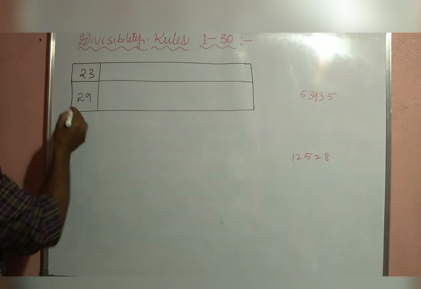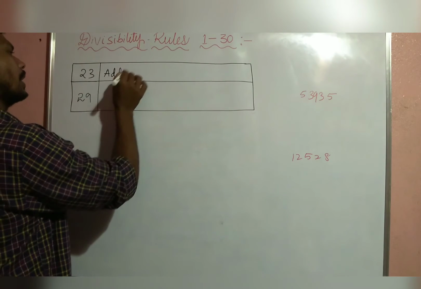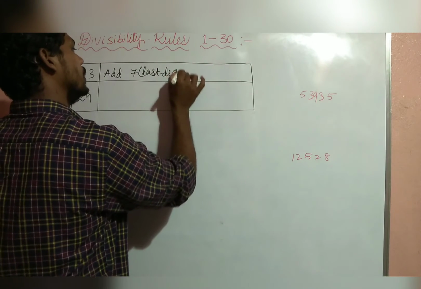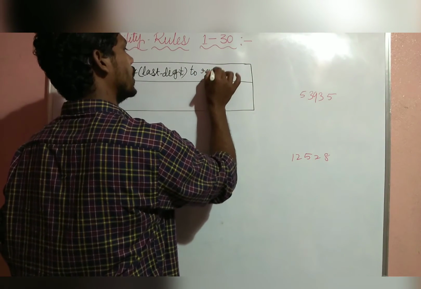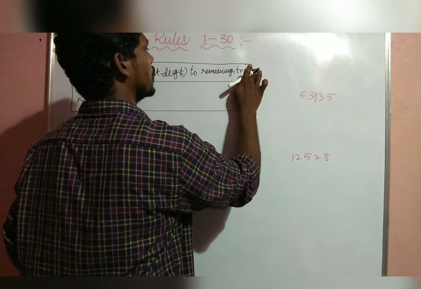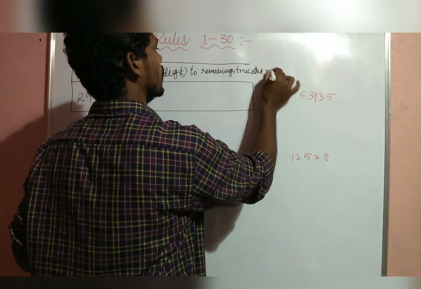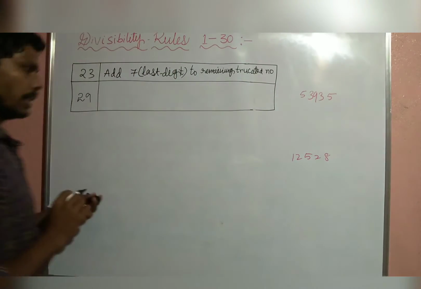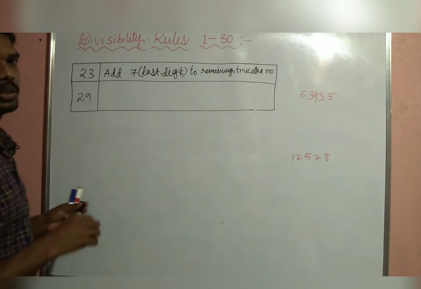The rule is to add 7 times the last digit to the remaining truncated number, and repeat the same process until you get a multiple of 23, or 23, or 0.